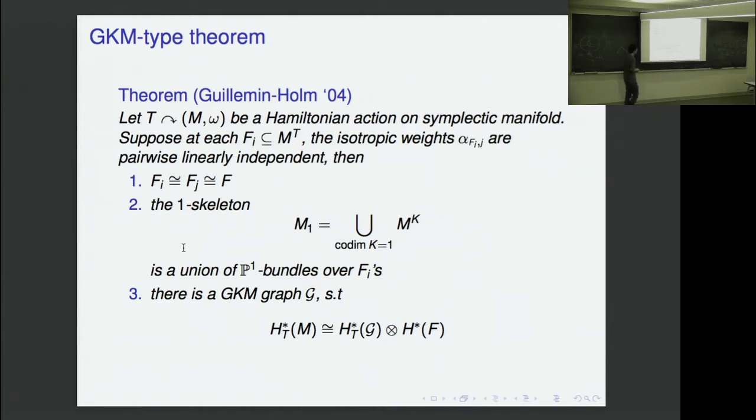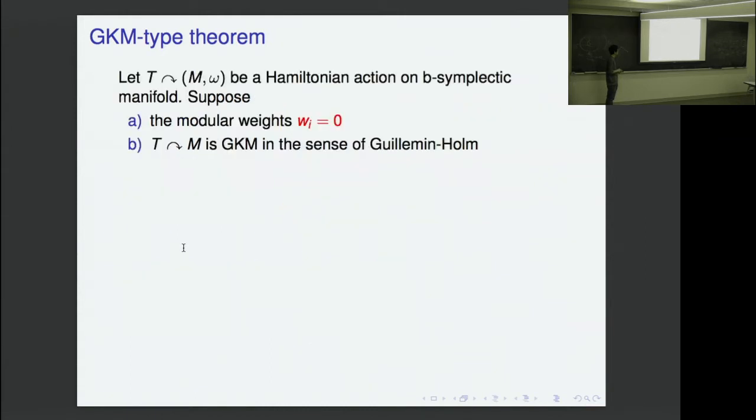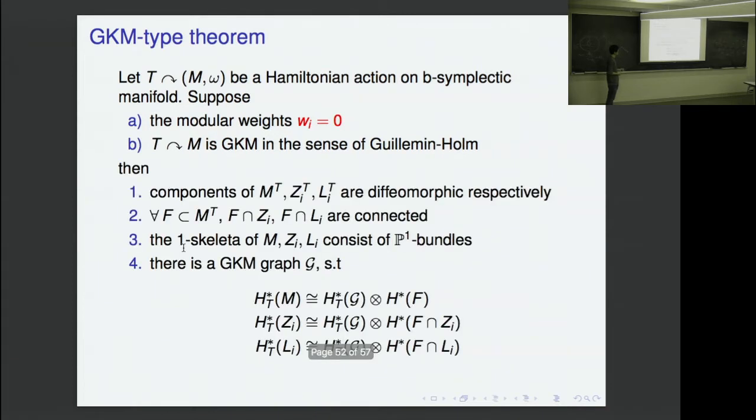Now, if we apply this GKM-type theorem to our b-symplectic case, we will see that the results are literally the same. We will start with the simpler case with modular weights 0, and this will be more or less the same as the symplectic case.